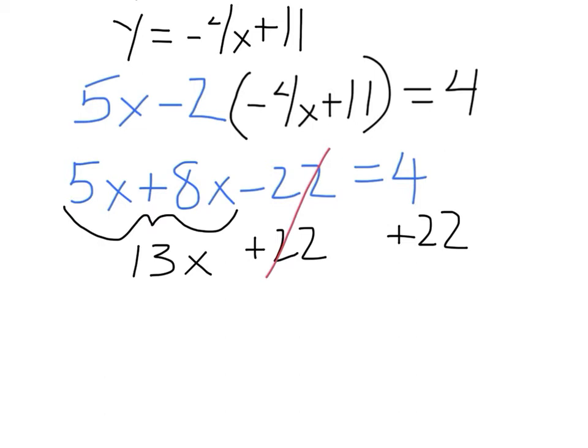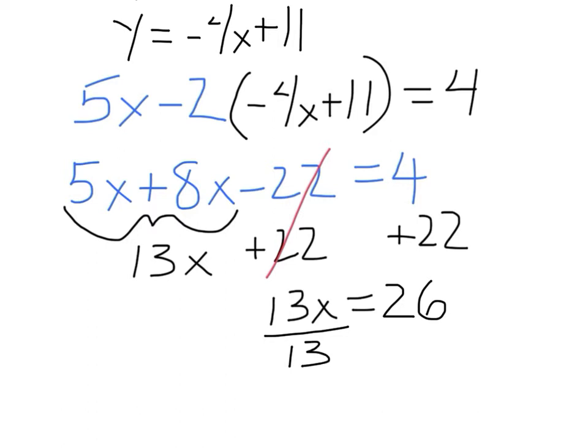And the windup then here is 13x equals 22 plus 4, which is 26. Ooh, that looks good. Divide by whatever's in front of the x, 13. Pretty convenient, huh? 13's cancel. And we wind up with x equals 26 over 13, which is 2.